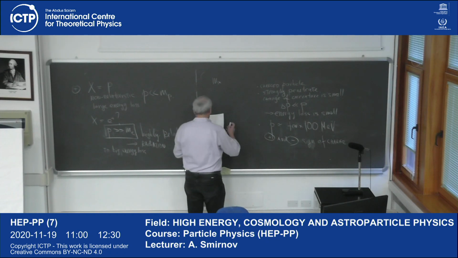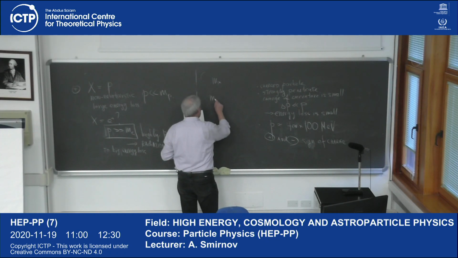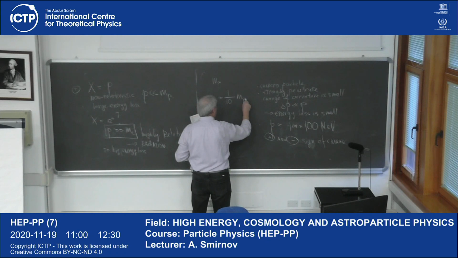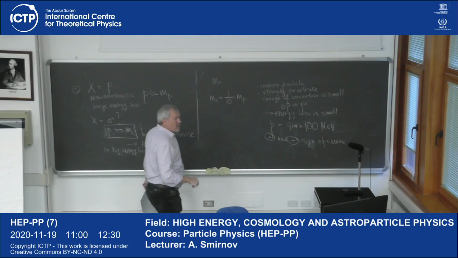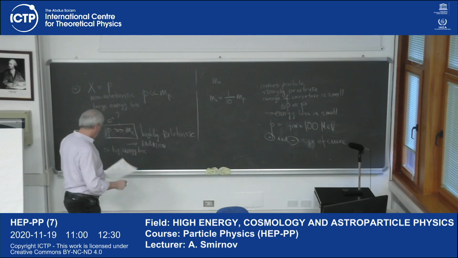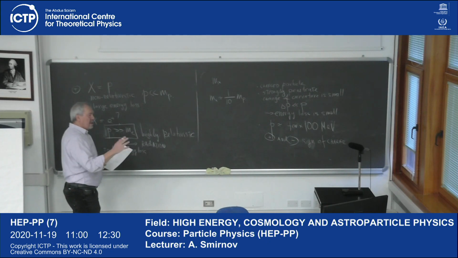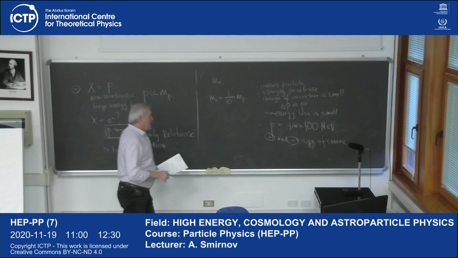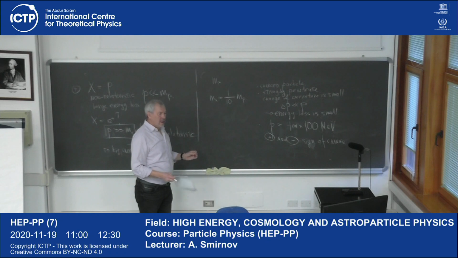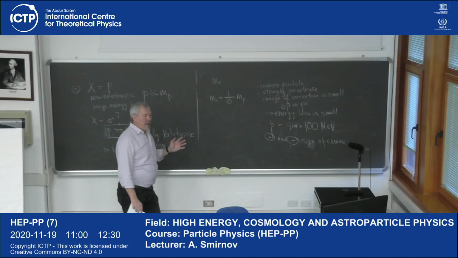So what has been concluded is that the mass of this particle should be something like 1/10 of the mass of the proton, 10 times lighter than the proton. That is around 100 MeV. In this way you can explain the properties of the events.